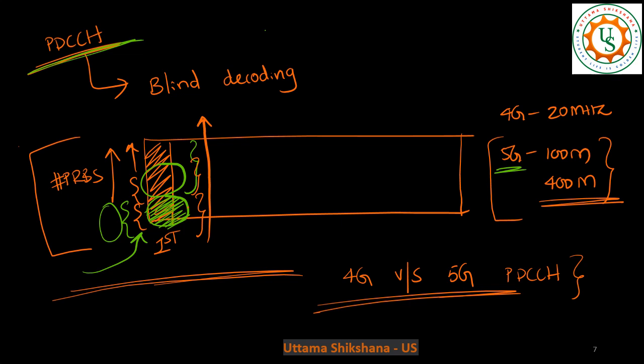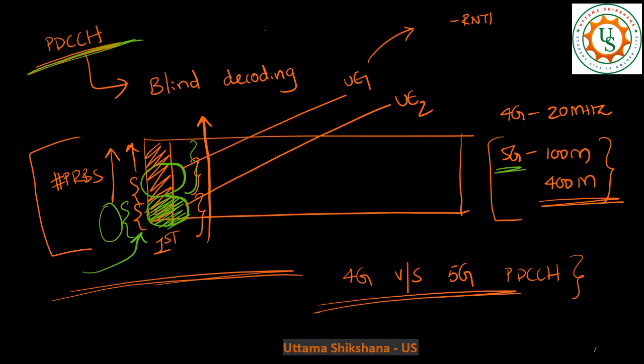For example, let's say we have these two circles corresponding to the PDCCH of UE number 1 and UE number 2. Now how does UE number 1 know that its PDCCH is present in circle number 2? That is possible only when UE number 1 uses the right ID. That ID is nothing but RNTI.